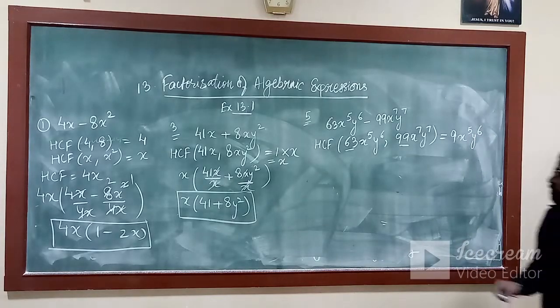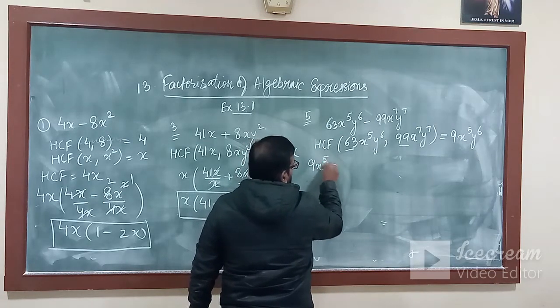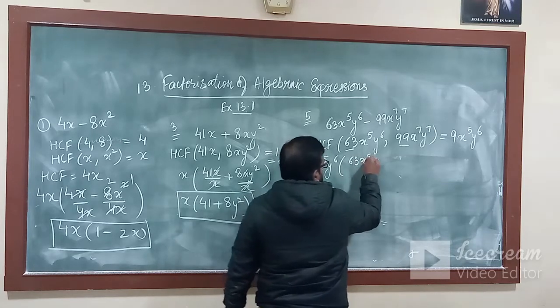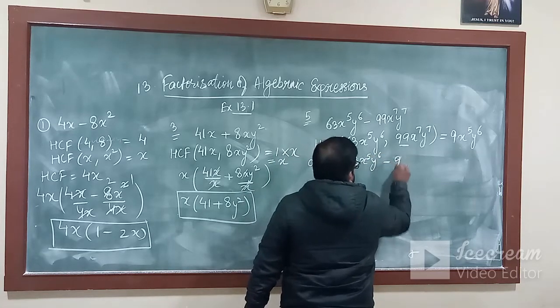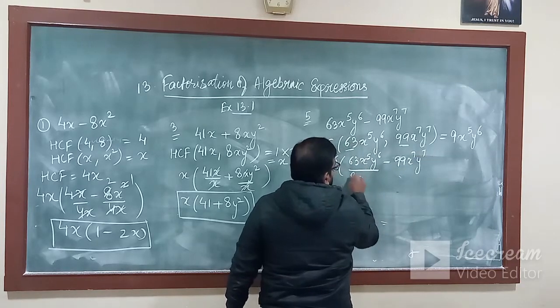Then y is present in both, so y to the power 6 will be the value. So finally, what will be my answer? 9x to the power 5 y to the power 6, and in the bracket we are going to divide this separately like this.